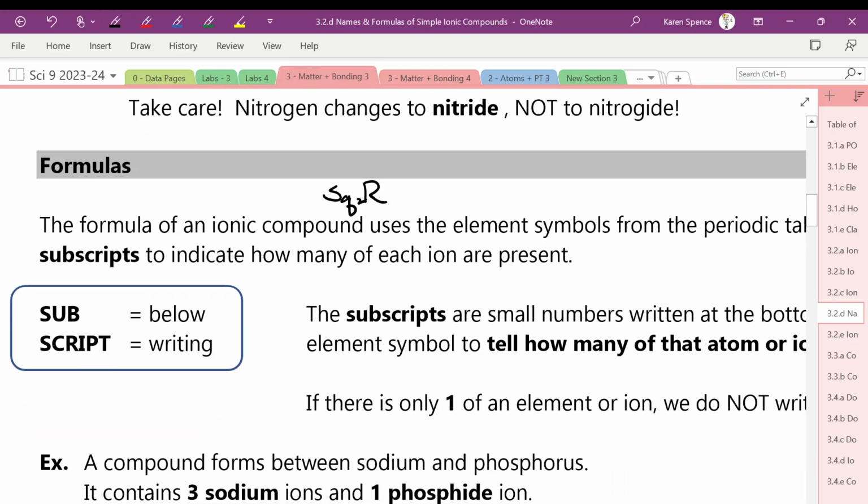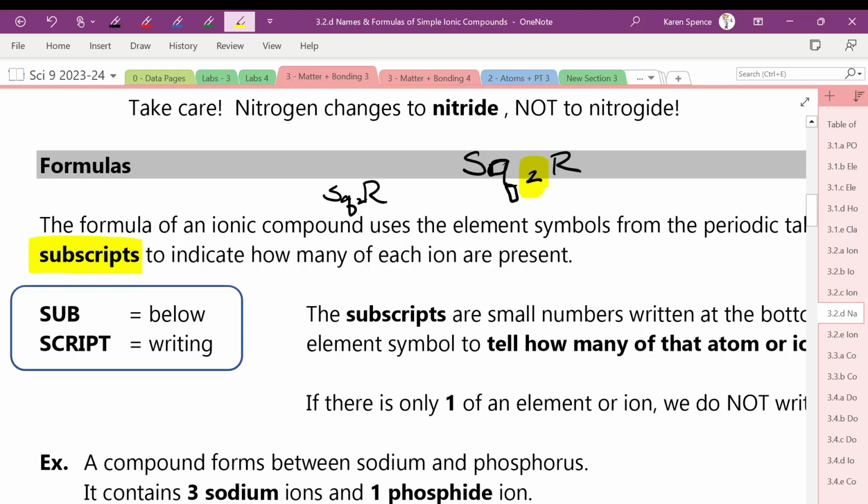These little numbers down at the bottom, say we have our SQ2R, that little number down at the bottom is called a subscript.